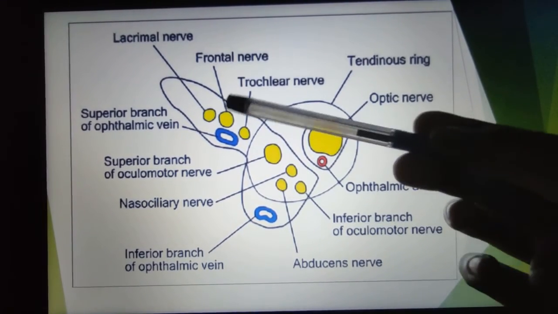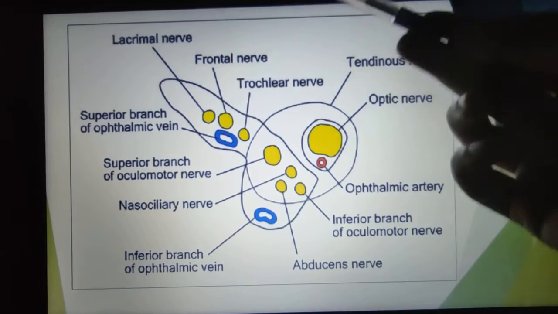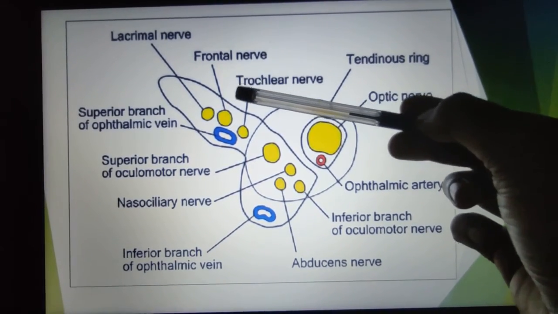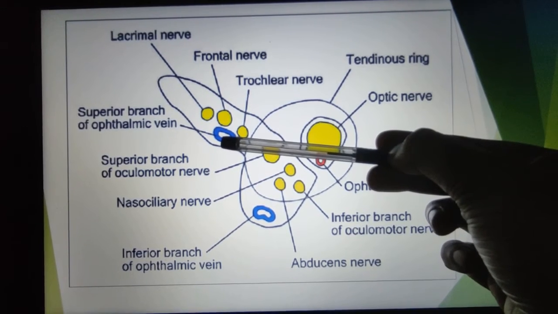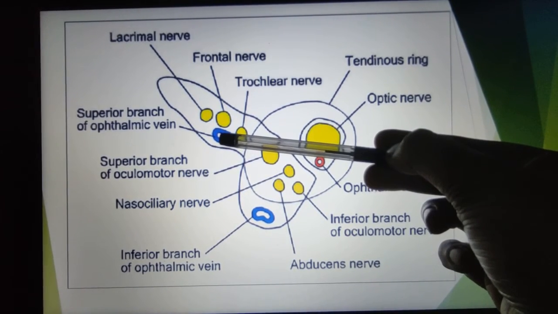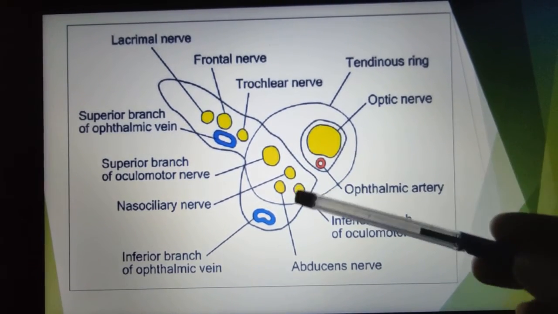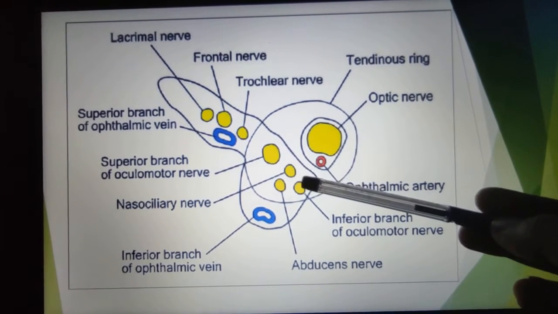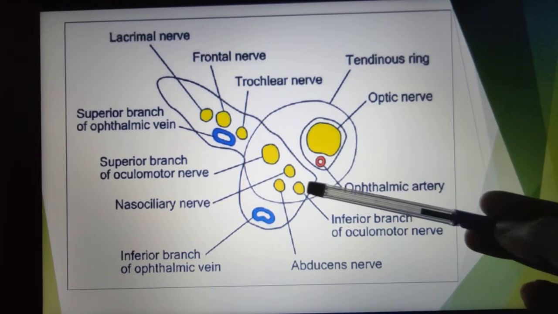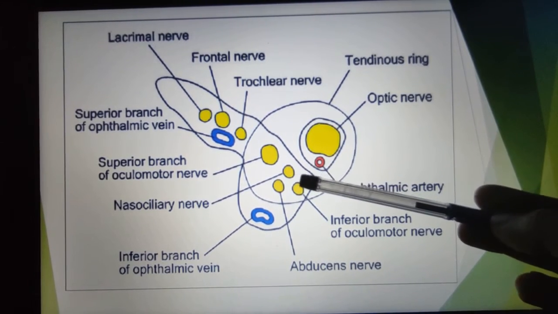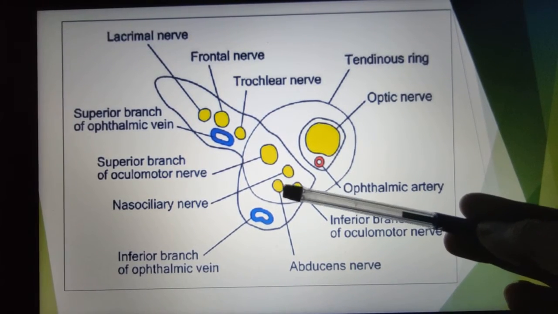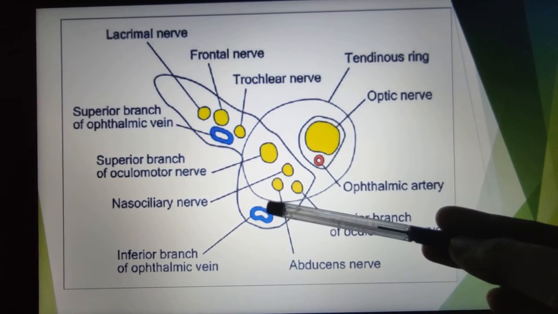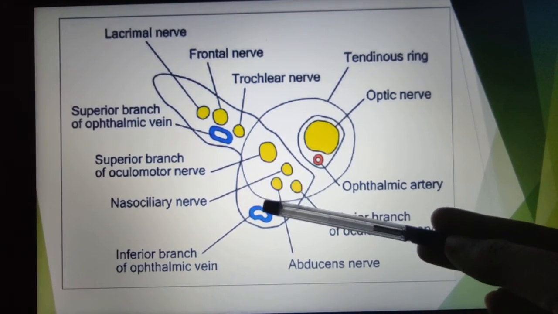The lateral part has the lacrimal nerve, frontal nerve, trochlear nerve and superior branch of the ophthalmic vein. Is it clear? The middle part has the upper and lower branches of the oculomotor nerve, nasociliary nerve and abducens nerve. Medially, we have the inferior branch of the ophthalmic vein and sympathetic plexus.